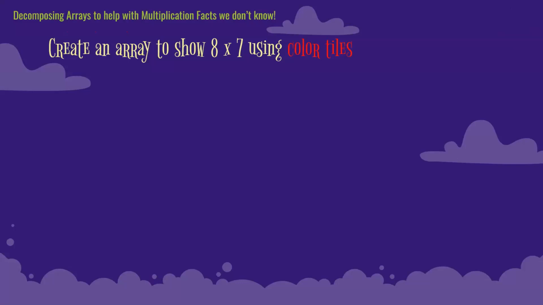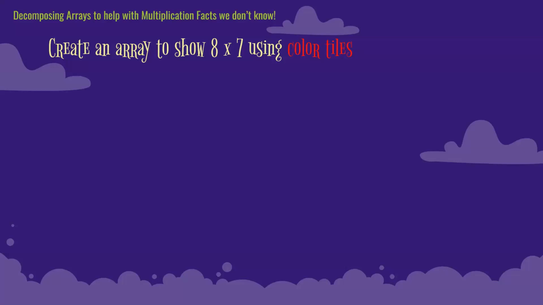So the first thing we're going to do is create an array to show 8 groups of 7 using color tiles, or if you want to change that and do 2 color counters, really doesn't matter. But create an array. And what is an array? It's a rectangle made out of rows and columns. And we're going to create that array to show 8 groups of 7, okay? Or 7 groups of 8.